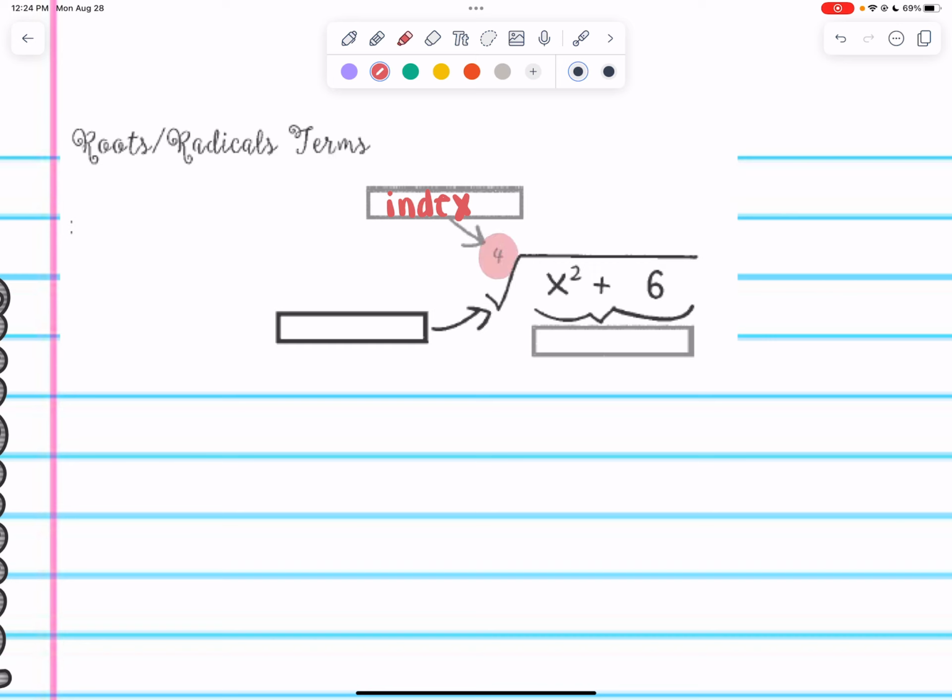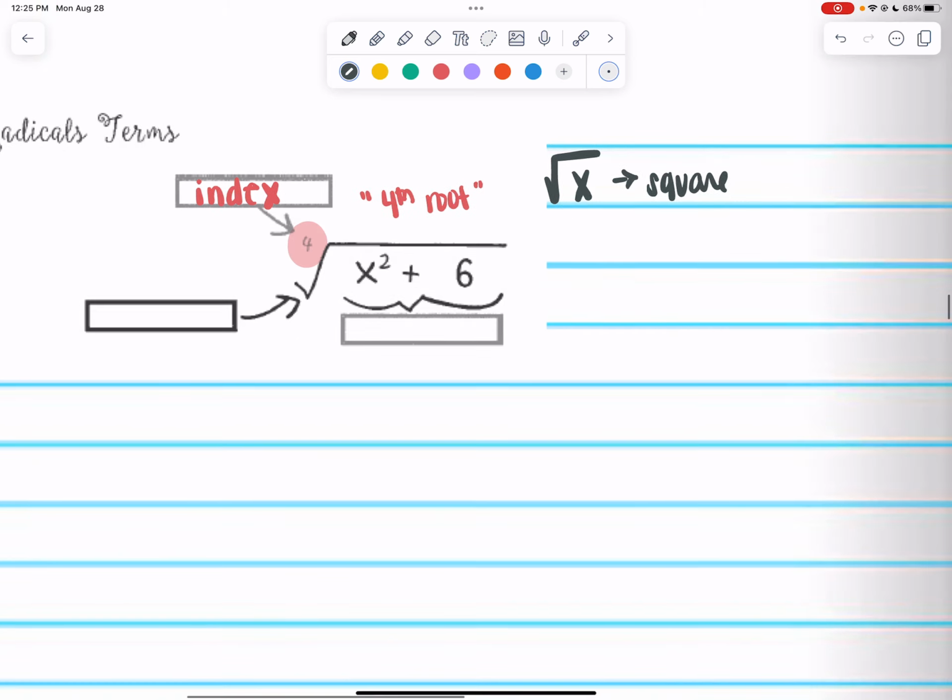And that index tells you that we would read this as fourth root. If you don't see an index, so something like this, that is implied the square root, and it's an understood 2.